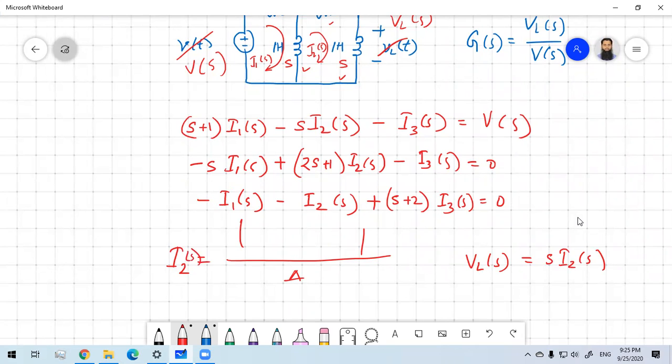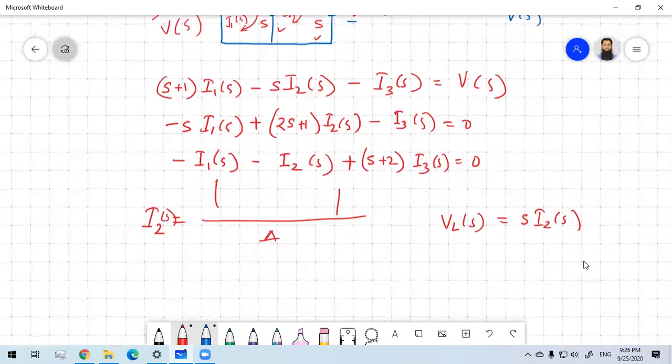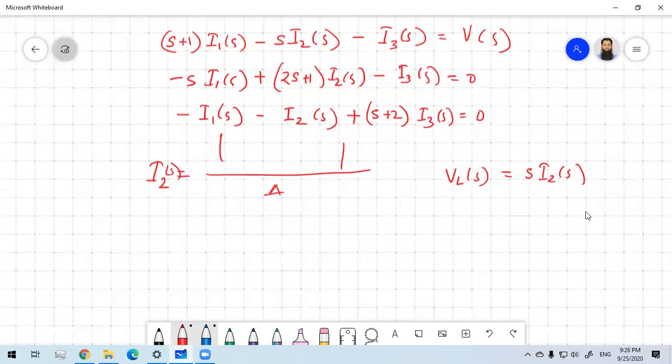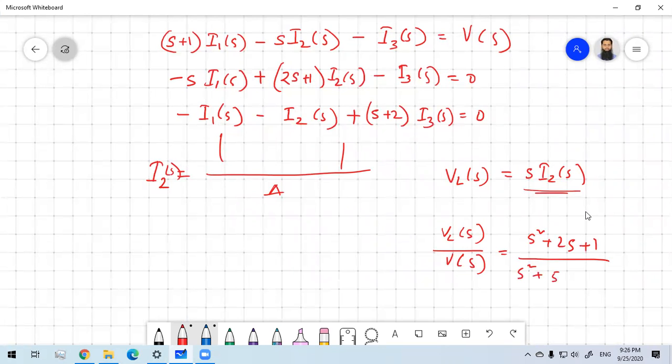If you solve that, you will see that your input voltage VS will appear on this side. Then you find VLS by VS, and finally you are going to get S square plus twice S plus 1 divided by S square plus 5S plus 2.